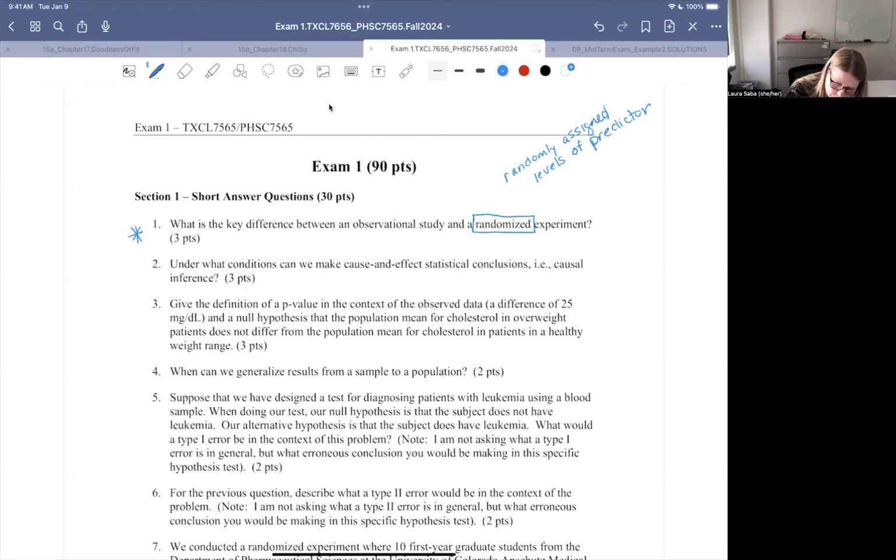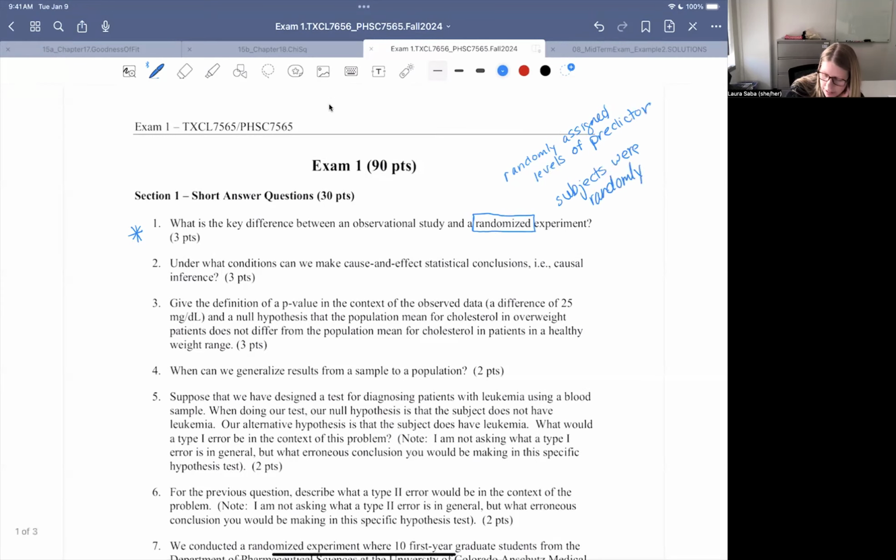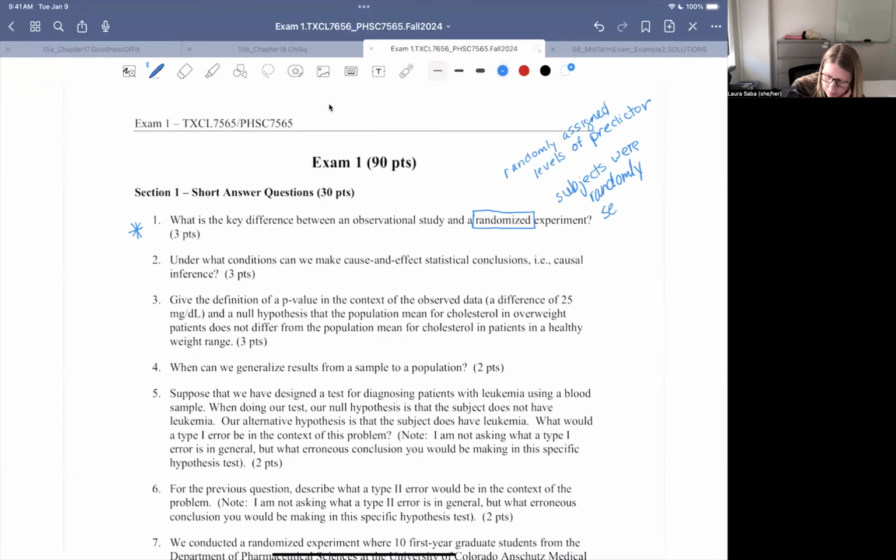If you said subjects were randomly selected, what you're talking about there is scope of inference. So that is wrong for this question. Randomly assigned is right, because you can still have a randomized experiment even if your subjects weren't randomly selected. But you can't have a randomized experiment if levels of the predictor were not assigned randomly.